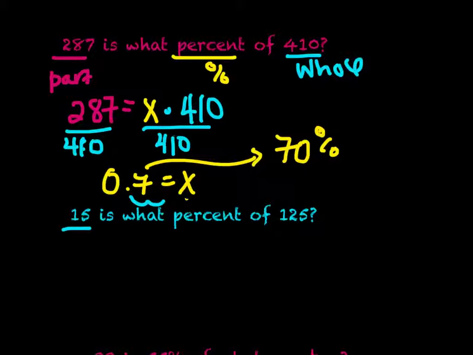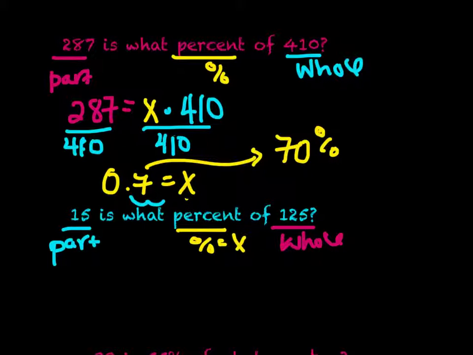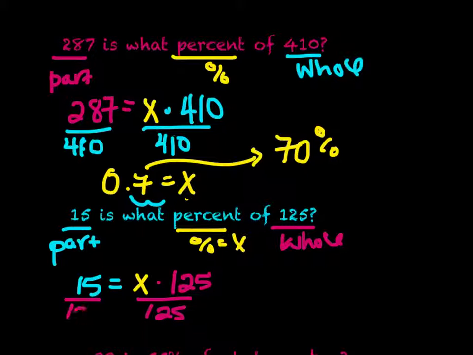We have 15, which is our part in this next problem. Our percent is something we don't know, so we'll call that x. And our whole is 125. So we have 15 equals x times 125. We're going to divide by 125 on both sides.